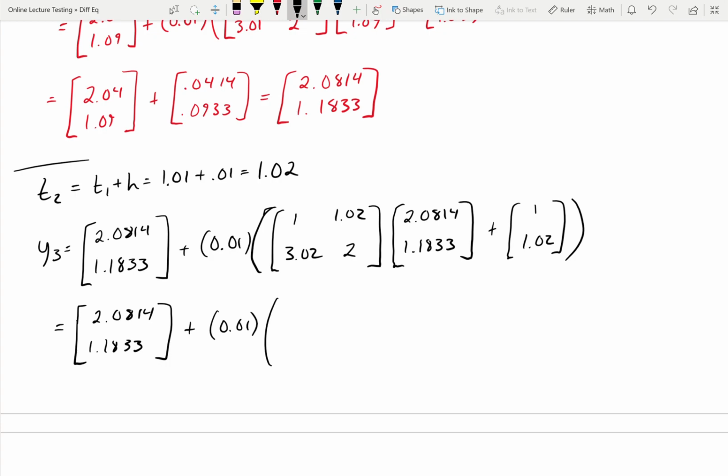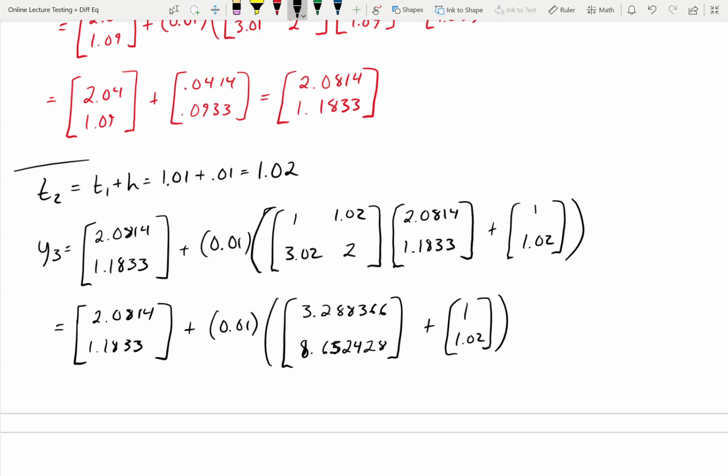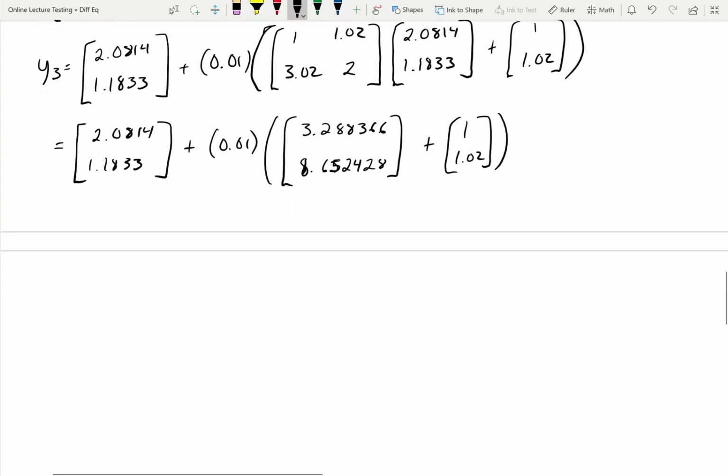So when we multiply these two together, we are going to get 3.28836 and 8.652428 plus 1.02. And then we're going to multiply that by 1/100th.